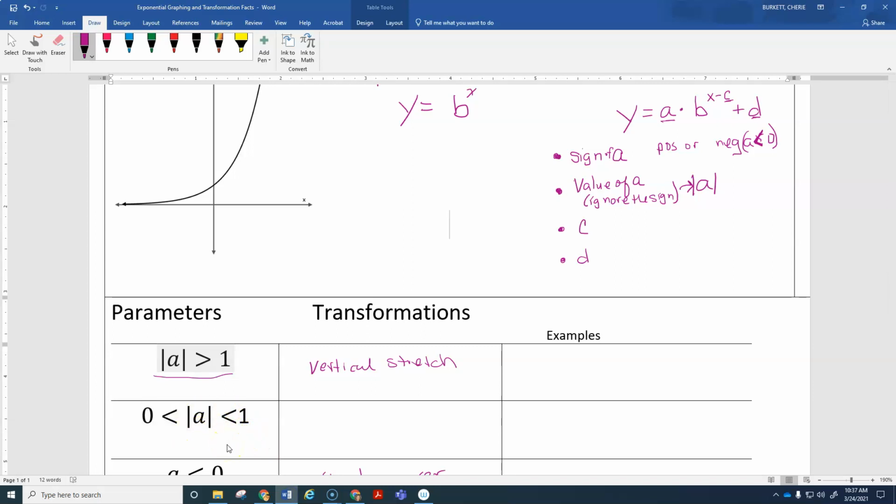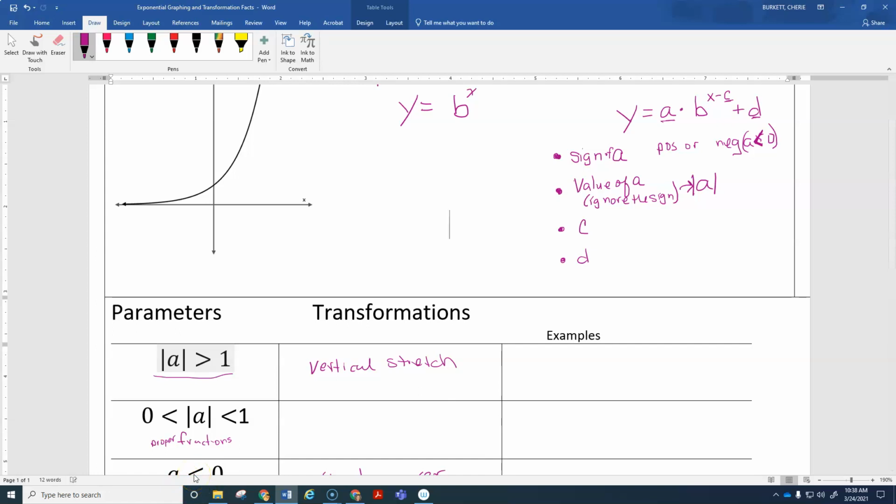The next thing that A can be, the value of A, not the sign of A, it can be a fraction. And this says right here, this is a fraction. The absolute value says ignore the sign, but is the value of A a number between 0 and 1? Well, what kind of numbers are between 0 and 1? Fractions. And not just any fractions, but proper fractions.